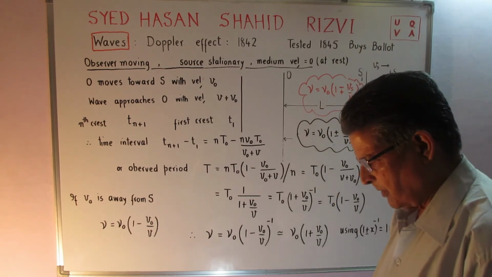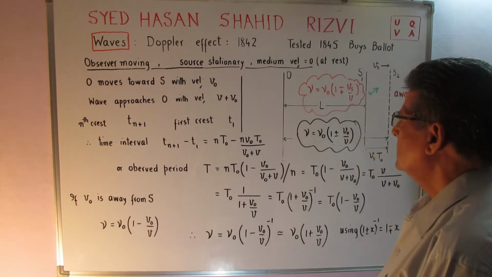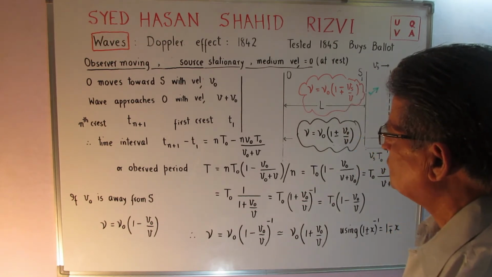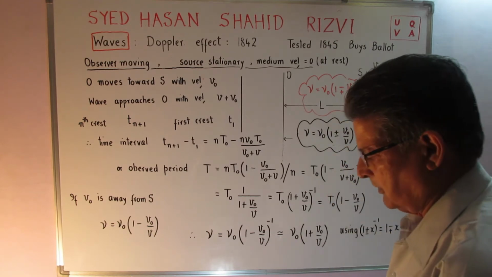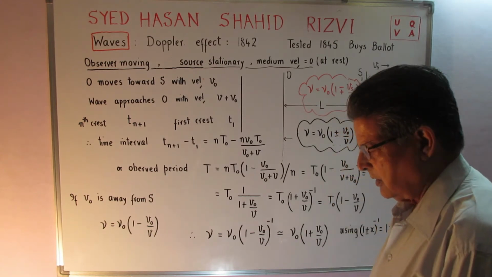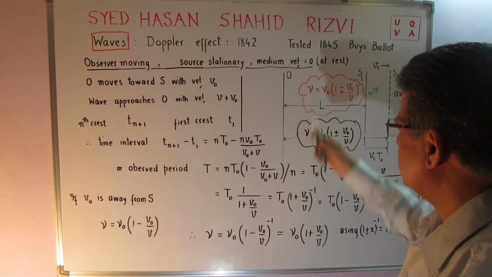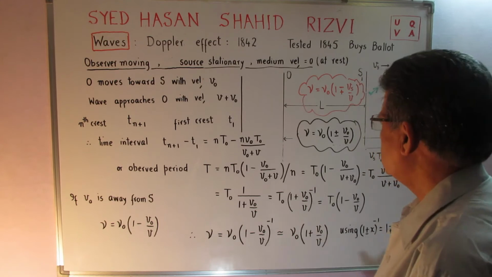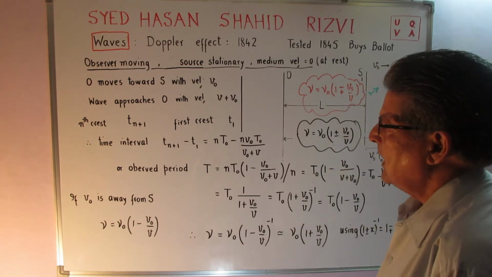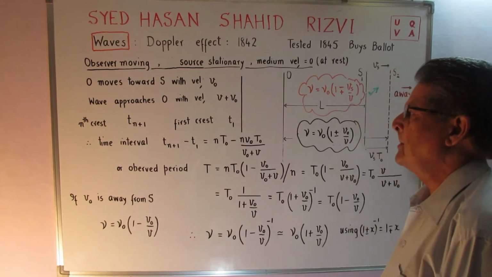And you have to choose properly. If the source is moving towards the observer, then the value will be increased. Else, if it is otherwise, then it will be otherwise.